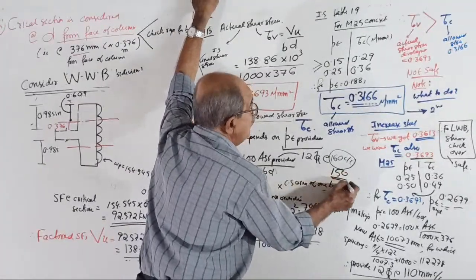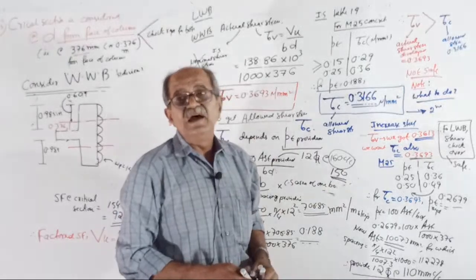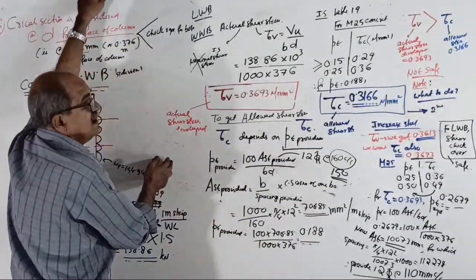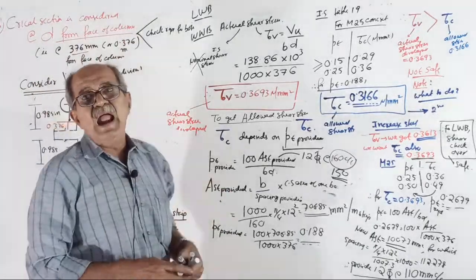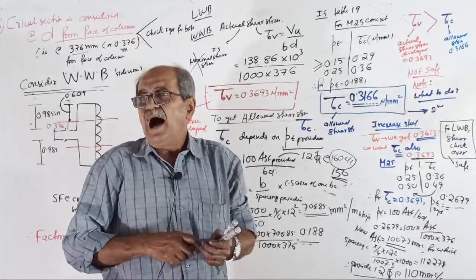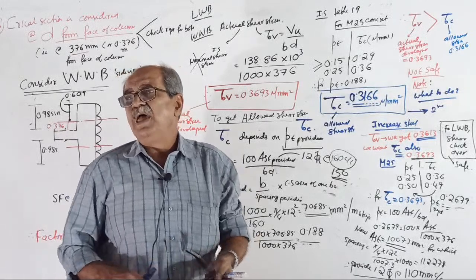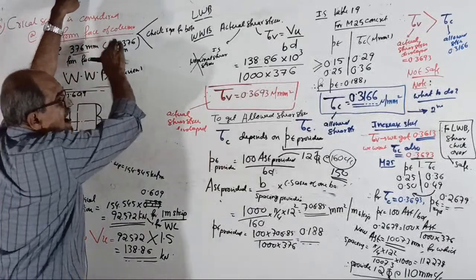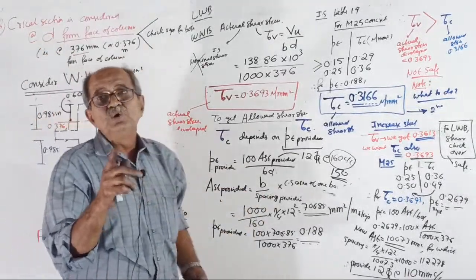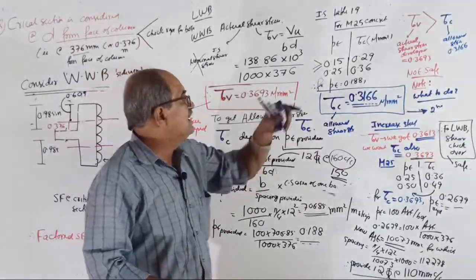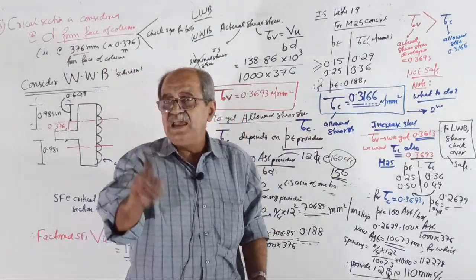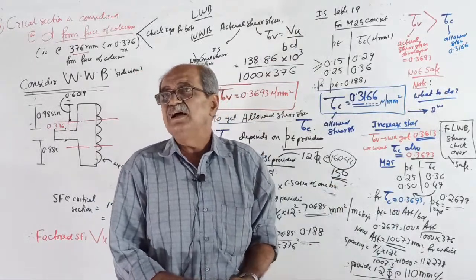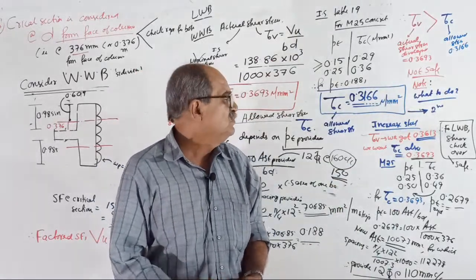Remember, widthwise steel we decided 12 tor at 150. Now take your calculator and a rough sheet and perform the calculation. After the class is over, make a full fair copy, because I will come and change the numbers. If it becomes unsafe, increase the steel. Complete the widthwise bending check in the same way as lengthwise bending.